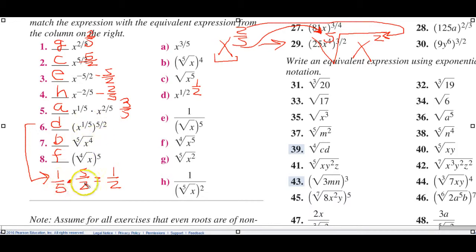But when it's set up this way, you can see the 5's cancel out nicely, and your exponent is 1/2. In number 5, here you're just adding. Your denominators are 5, and you just add your numerators.